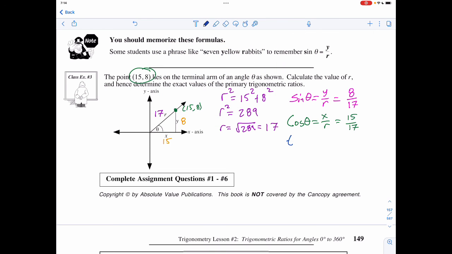And I know that tan of my angle is going to be the same as y over x, which is going to be 8 over 15. And then I would just double check to see if I could reduce any of these fractions, which in all these cases, I can't. It just doesn't work.